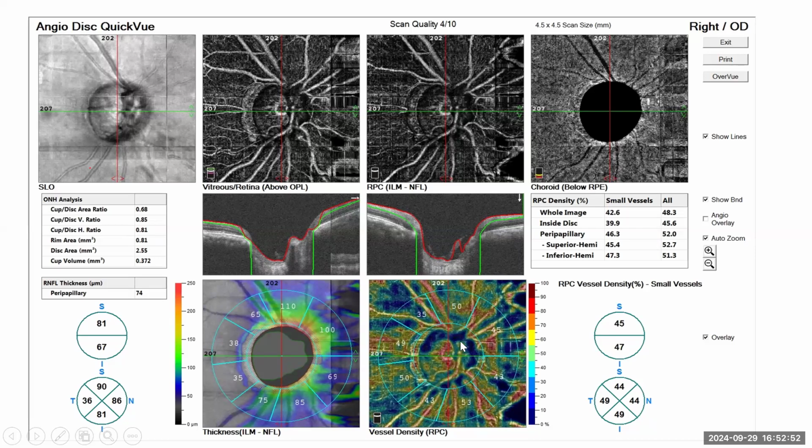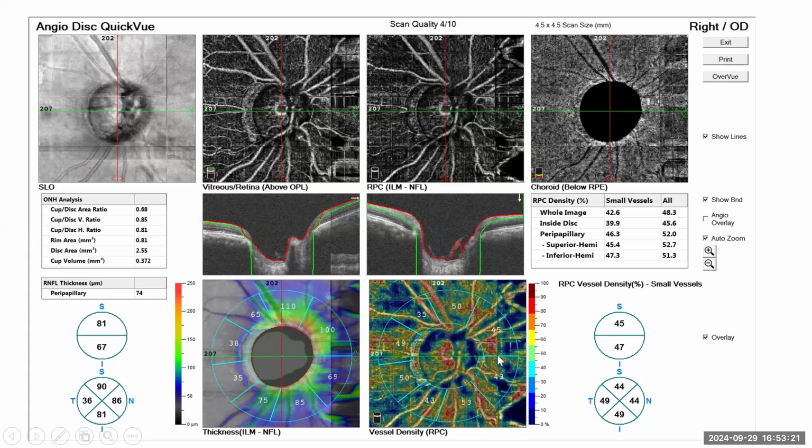So this is the first. The first thing will be to look at the map itself, the printout, the colored map, look at the numbers, see the summary of the numbers, and then you look at the qualitative part of it, and then see the areas where you have your dropout. You can judge whether it is the superior or the inferior part, whether it's temporal or nasal.